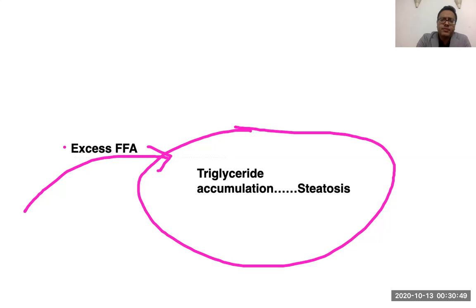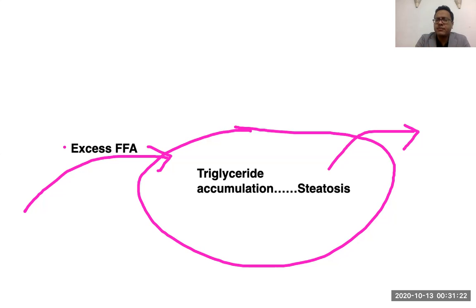And the third problem could occur if there is any disruption in export of the fat from the liver cells to the outside, like a disruption in the secretion of the VLDL from the hepatocytes. So either there is increased import, improper utilization, or disruption in the export of the fat.